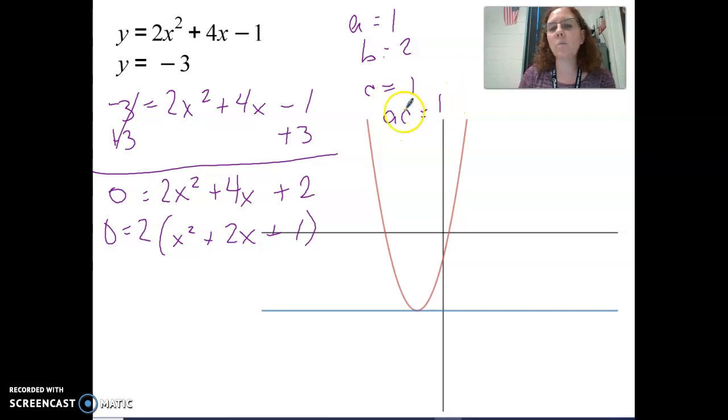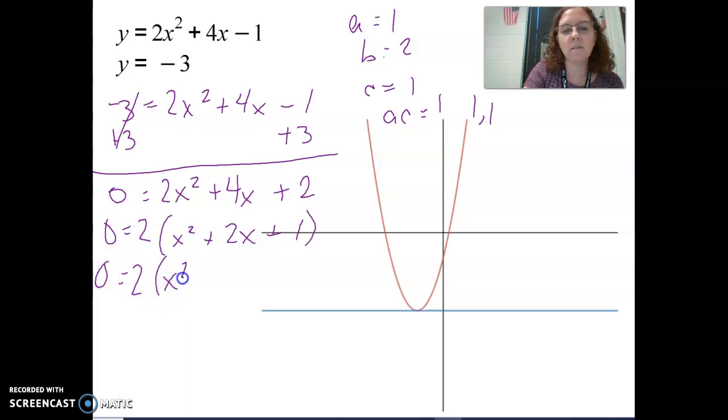So I need two numbers that multiply together to be 1 and add together to be 2. Well, I'm kind of limited in my choices. Things that multiply together to be 1, 1 and 1. And fortunately, 1 plus 1 is 2. So that's the two numbers. I'm going to substitute for B. Remember, this is the one we substitute for. That 2 on the outside just stays there. x squared plus 1x plus 1x plus 1.